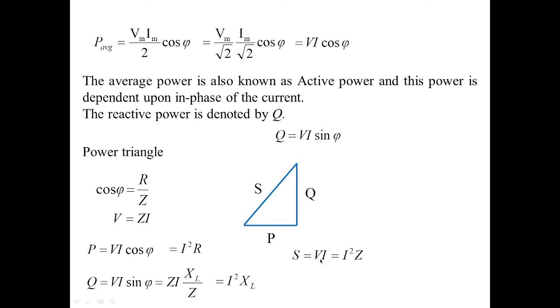So S is equal to VI, which is equal to I square Z. Now we can easily obtain the power factor, which is equal to cos phi, which is equal to R by Z from the impedance triangle, which is also equal to VR by V from the voltage triangle, and P by S from the power triangle. So this is how we estimate the power calculations and power factor calculations for a series RL circuit applied to AC input.